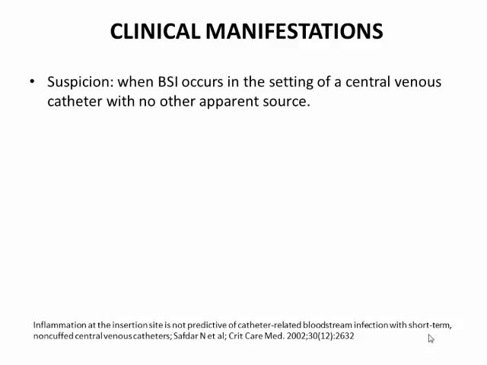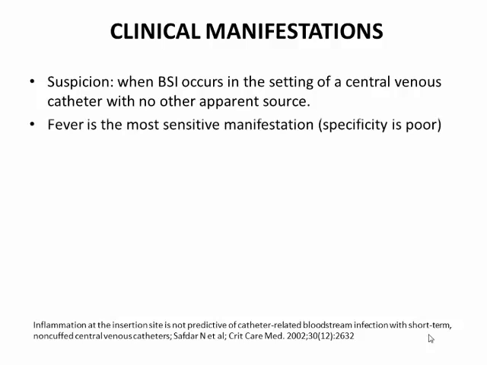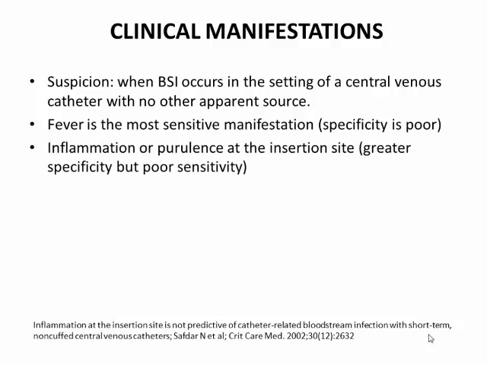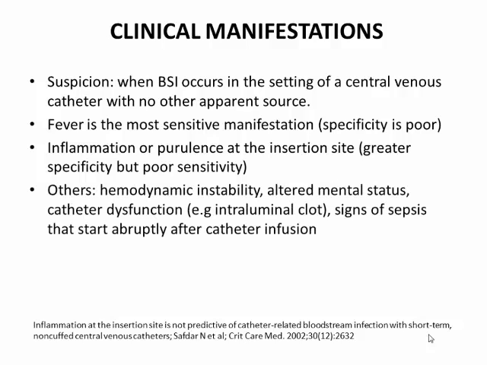Clinical manifestations. So you start developing a suspicion when bloodstream infection occurs in the setting of a CVC in place where there's no other source. Fever is the most sensitive manifestation, though it has poor specificity. Inflammation or purulence at the site has greater specificity but poor sensitivity.